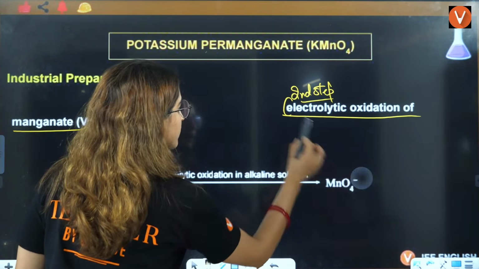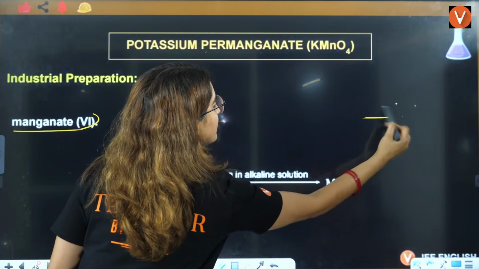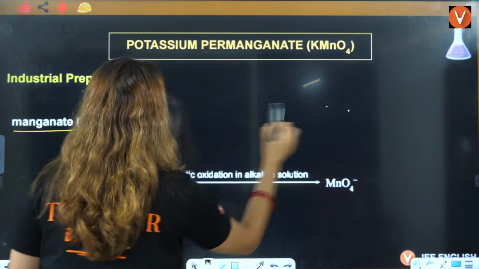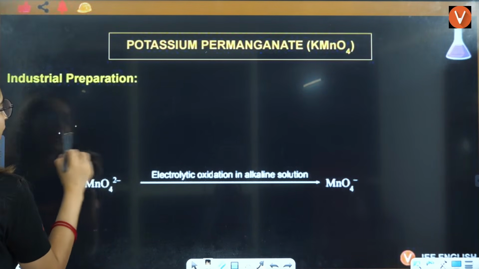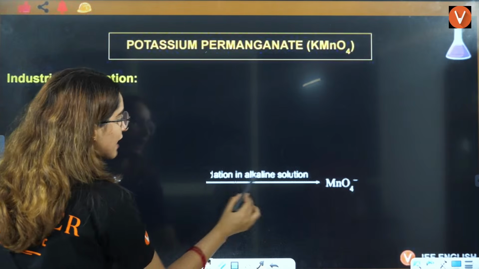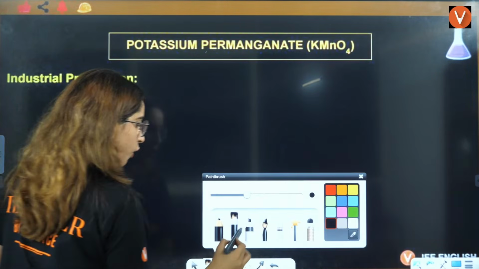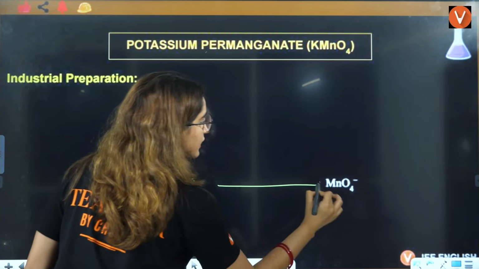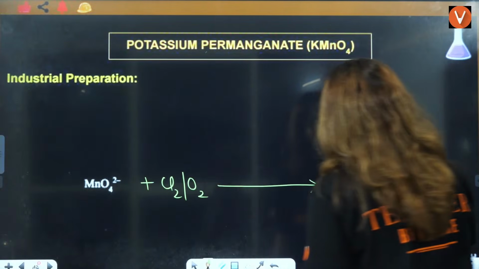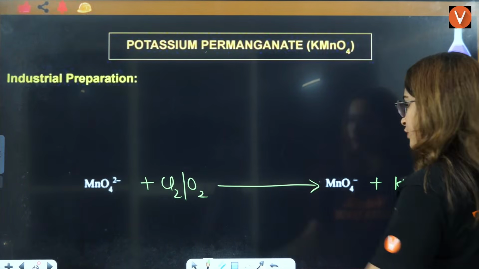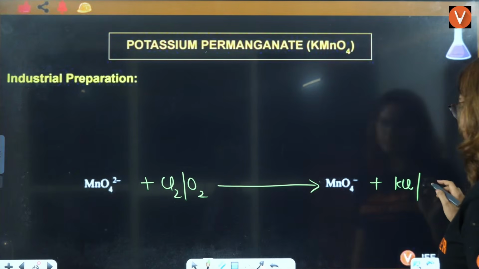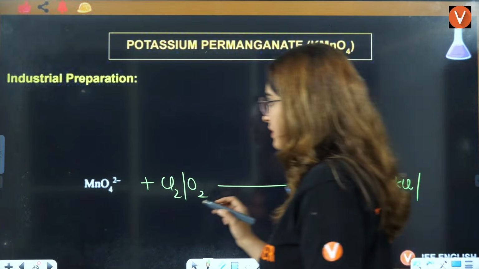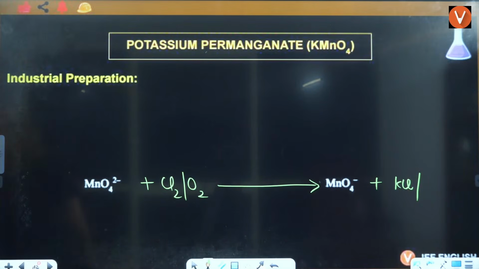If you directly use any oxidizing agent, like Cl₂ or simply O₂, this is directly converted to MnO₄⁻, plus you will have KCl if you use this. No, not HCl. You will have KOH, accordingly.